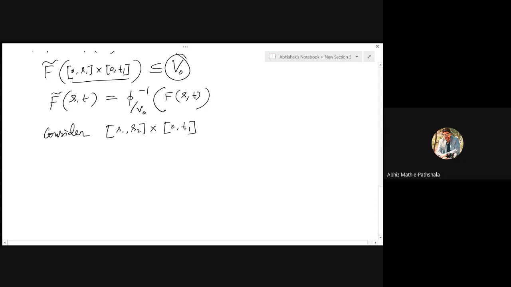Then in the same way, there is again an evenly covered open neighborhood U1, such that f of this small square will be contained in this U1.